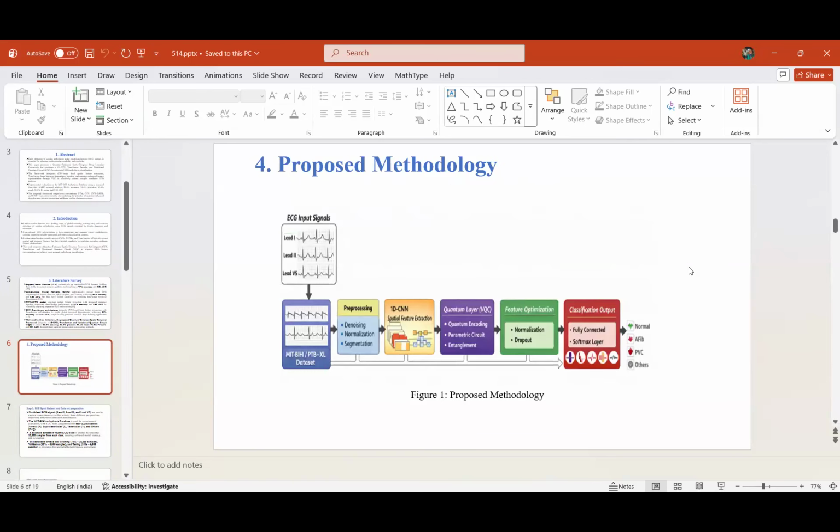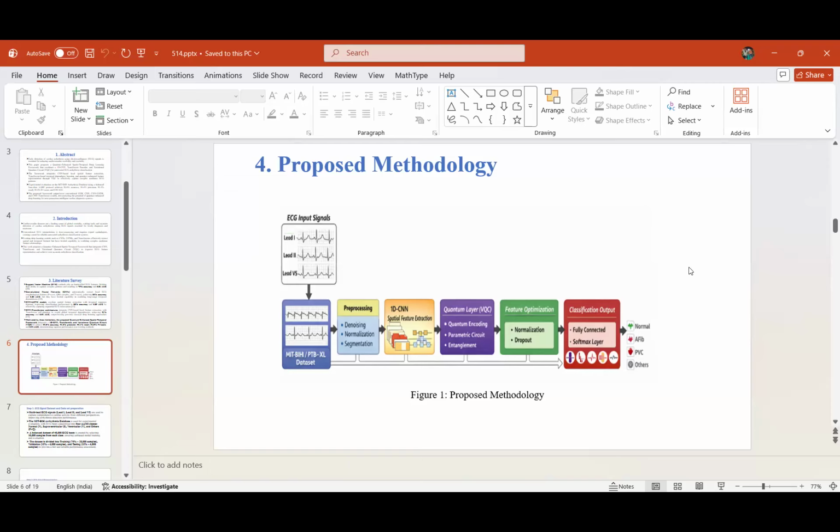This is the proposed methodology. In this methodology, ECG signals are selected from the MIT-BIH dataset. They are pre-processed, so whatever noise, duplication, or repeated values are there will be removed, and normalization and segmentation will be done. Once pre-processing is done, the ECG signals are given to the 1D CNN to extract the spatial features, and then to the quantum layer.